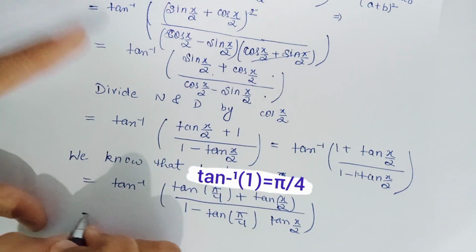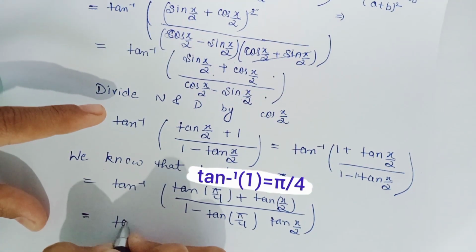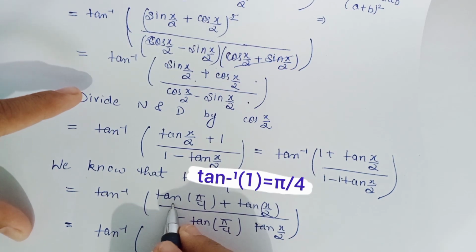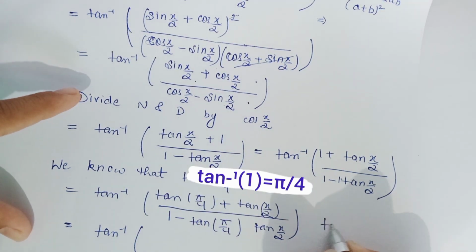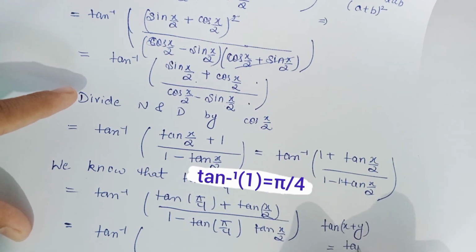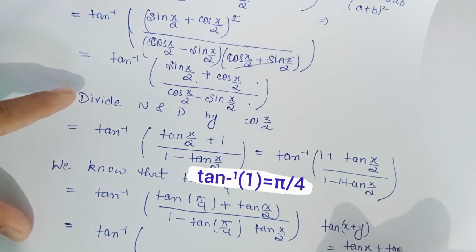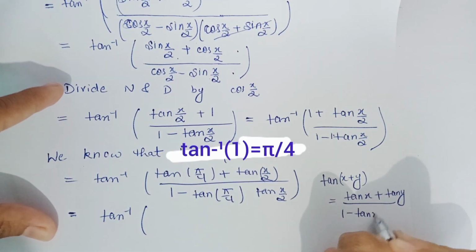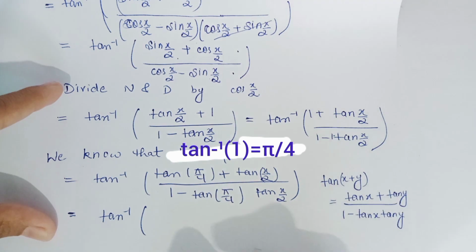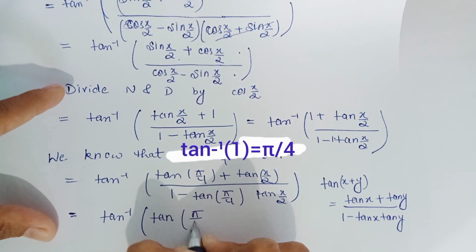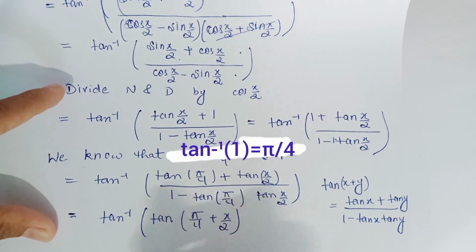Okay. So now this is the formula of tan x plus y. We know that tan x plus y equals tan x plus tan y upon 1 minus tan x tan y. So it will become tan pi by 4 plus x by 2.